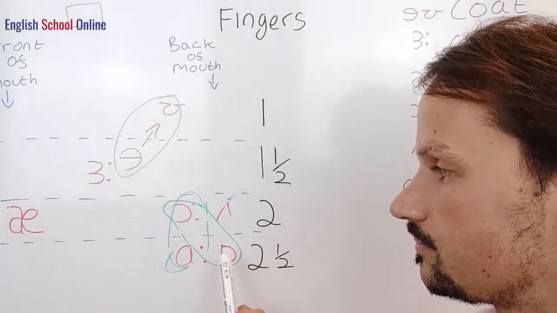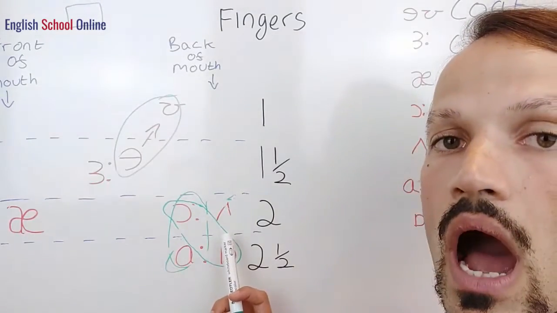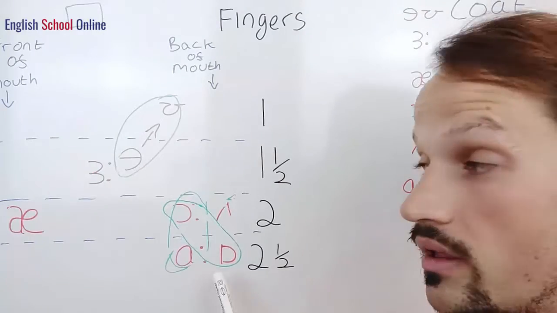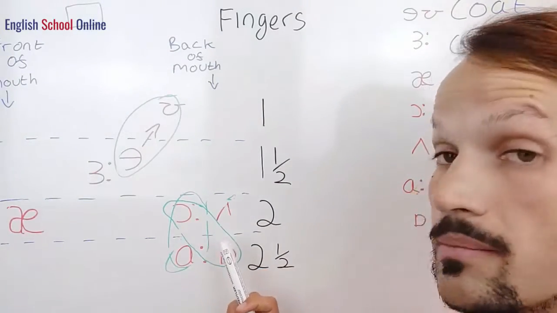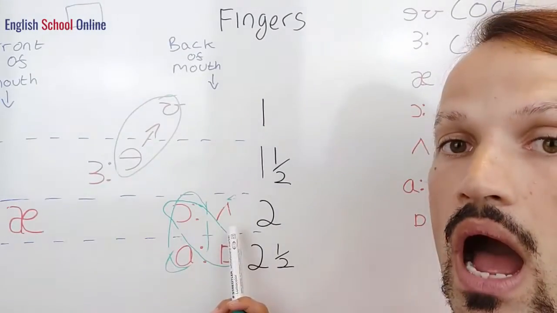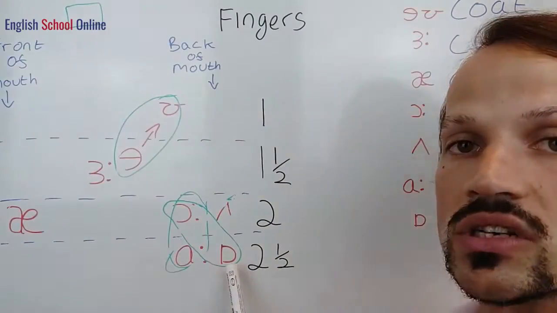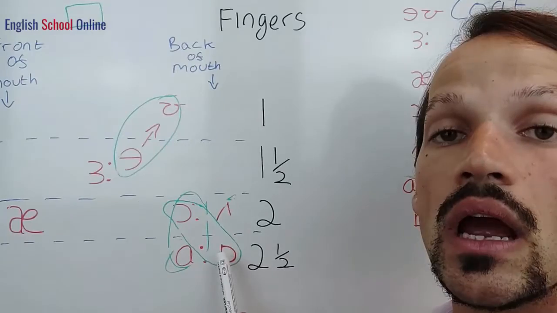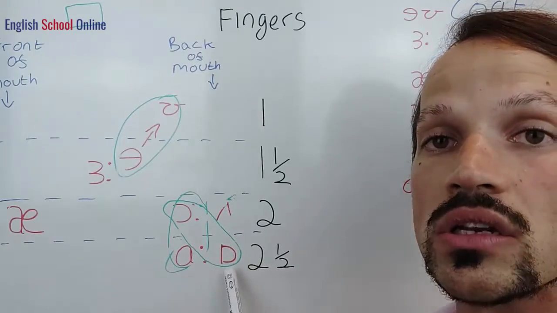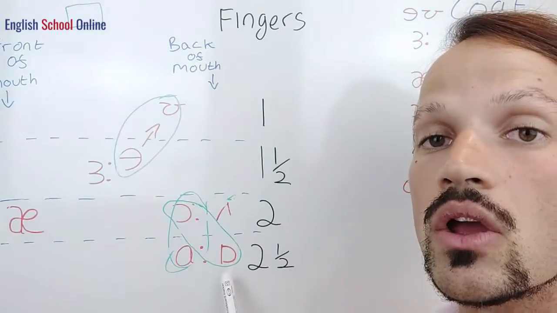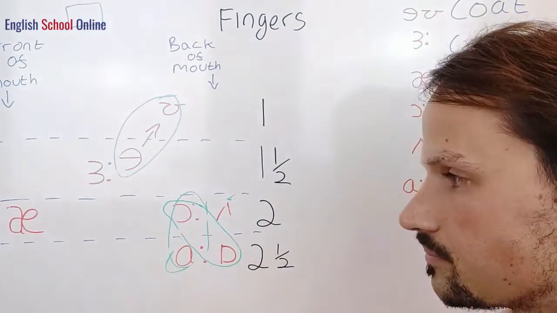And these two, cut, cot. It flips around. This one goes unrounded and this one becomes rounded. Both short. Cut, cot. Cut, cot. Okay?